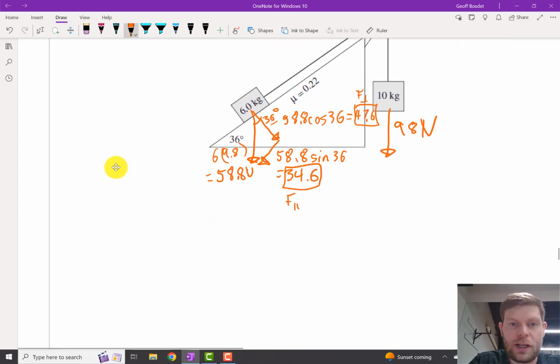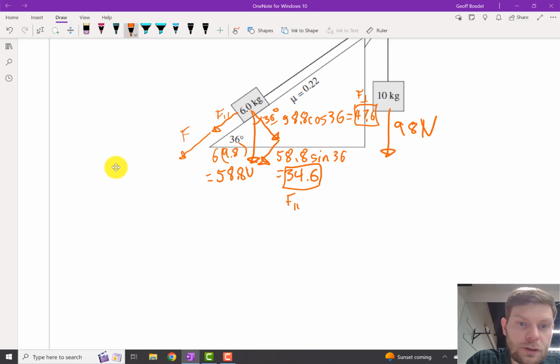Really, we got a fight between this forward force of gravity and our F parallel, which we have solved for, and our force of friction, which we have not yet. So let's solve for force of friction for fun. Force of friction is just equal to mu Fn, Fn being equal and opposite to F perpendicular here, which we found.